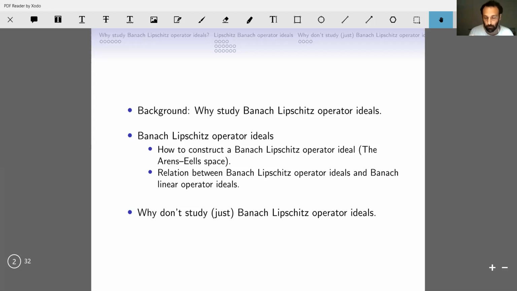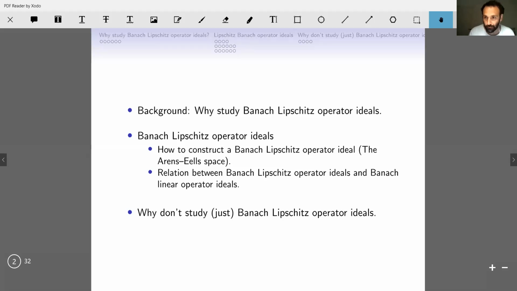So we will give a brief discussion about this space. And also we will see there's a relation between Banach Lipschitz operator ideals and Banach linear operator ideals. And then finally, I will try to convince you why we don't have to study Banach Lipschitz operator ideals. So that's the plan of this talk.